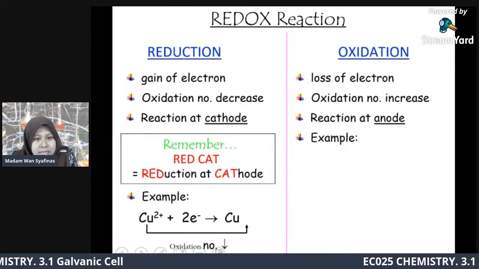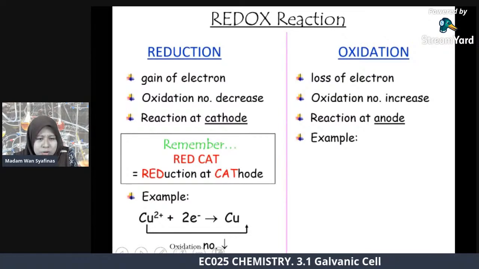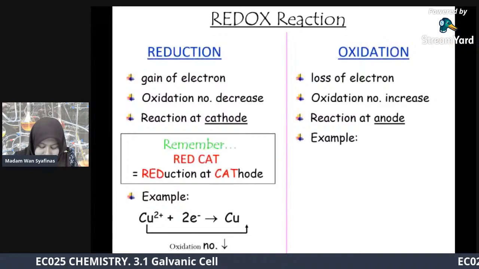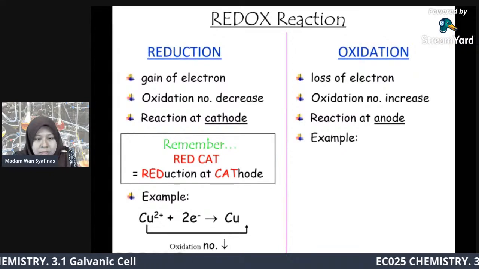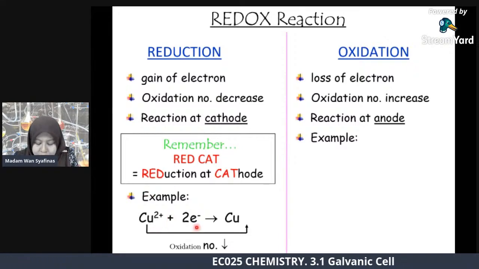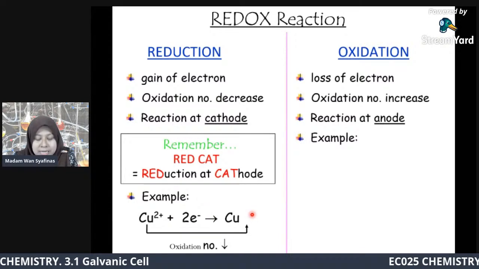For reduction, it includes gaining of electron. So we accept electron. Okay. For example, here we have copper 2+ ion, gaining 2 electrons and producing copper solid. Then the second characteristic for reduction is oxidation number decrease.